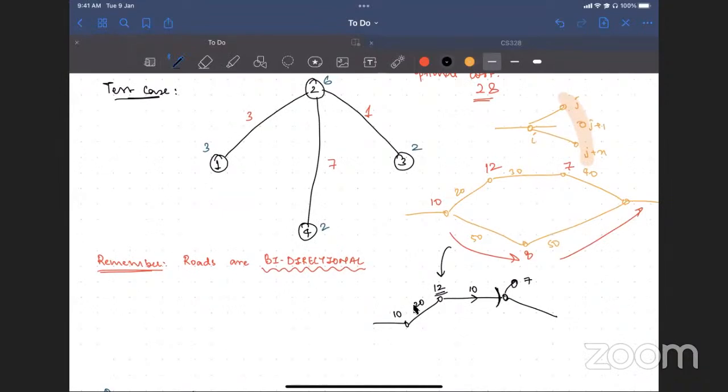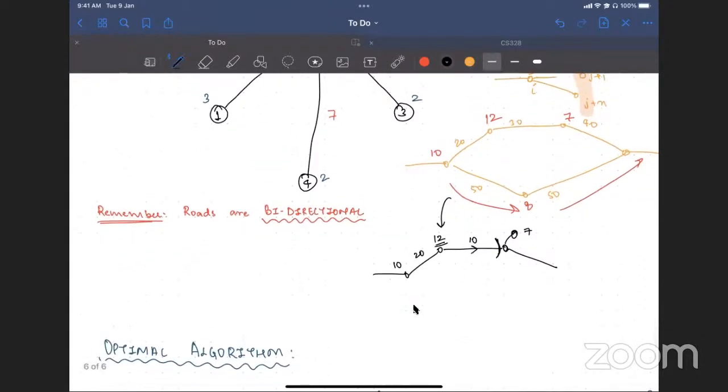Basically, you're trying every possible path, because in DFS you will be traversing every possible path from S to T. What do you think would be its order?